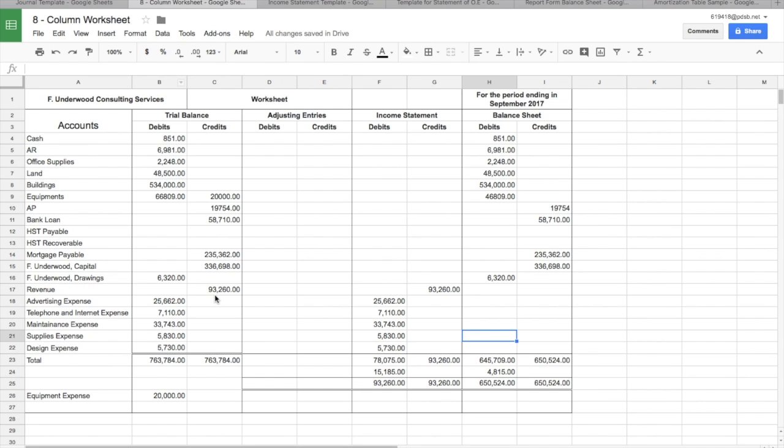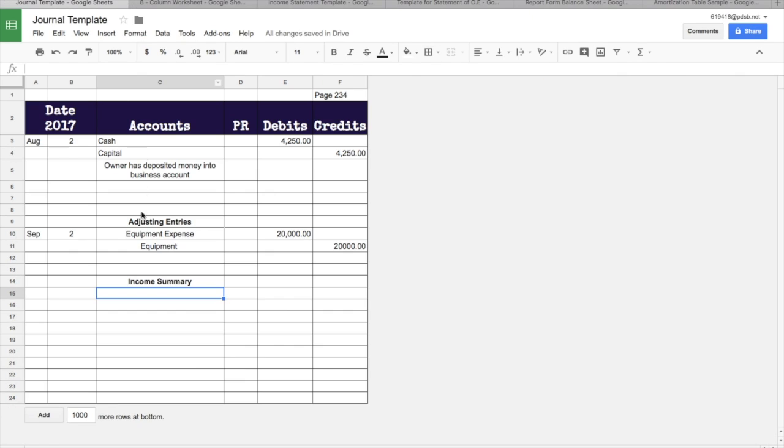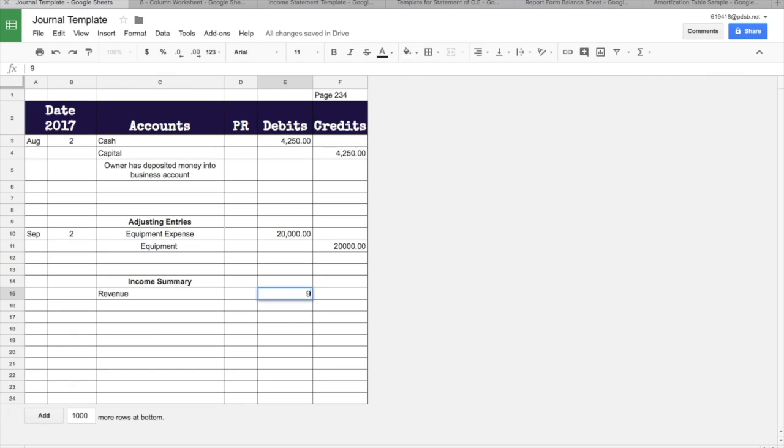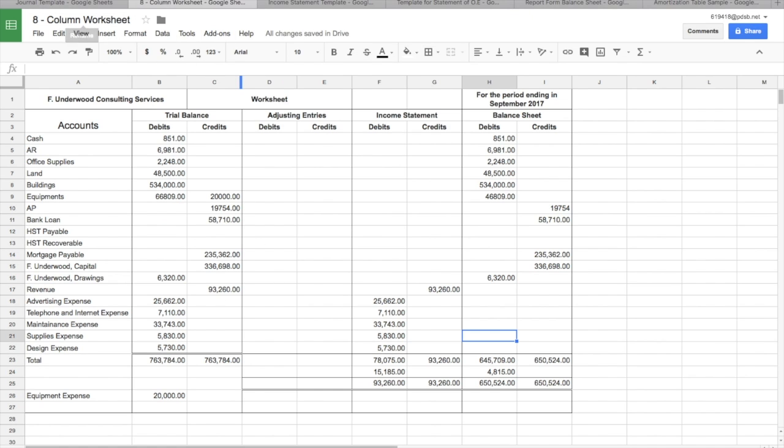So you take the revenue and you debit it. Okay? So when you take the credit amount and you debit it, it brings it to a 0.